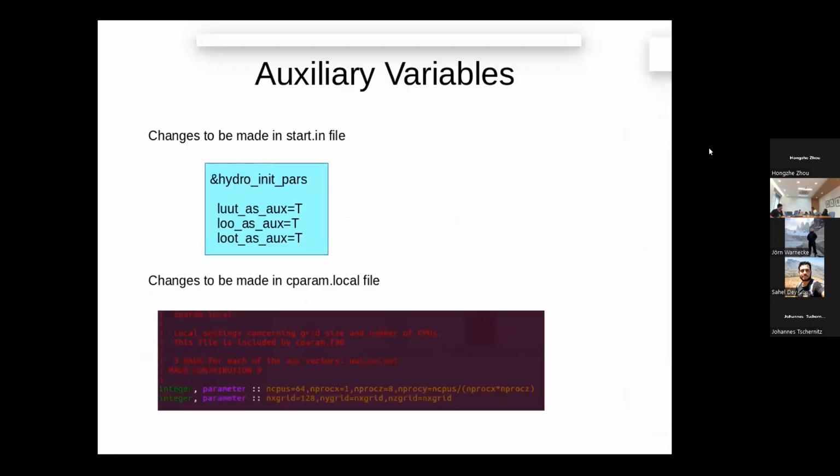talk about two things. One is about adding the auxiliary variables to the pencil code, and second one is like we know that the pencil code solves all these MHD equations like hydro, magnetic field, and everything, and it will store all the data in the F array.